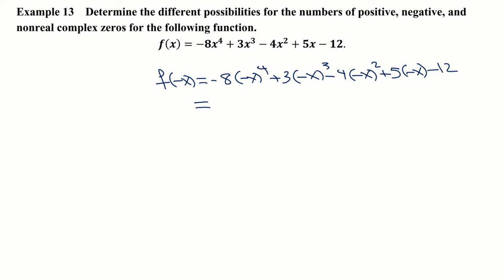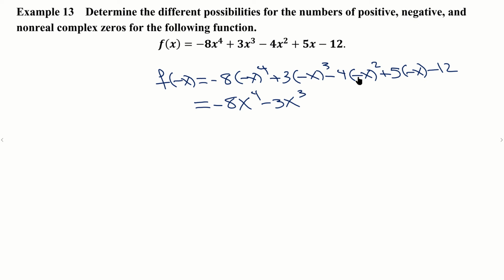So let's simplify it. So that's going to be negative 8. Negative x to the power of 4: since the negative is being raised to the power of 4, it's just going to become x to the 4. Now, quantity negative x cubed is going to be negative x cubed, so times positive 3 will give me negative 3x cubed.